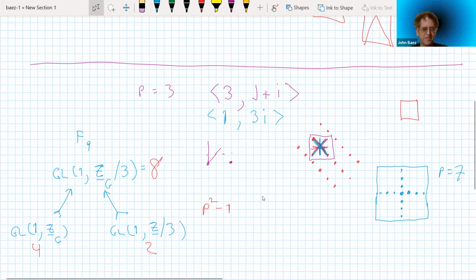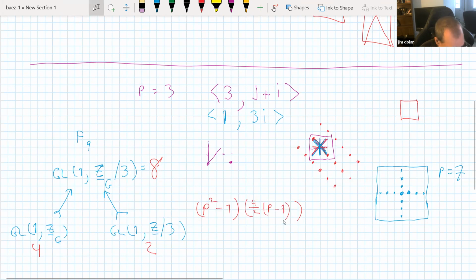So it's p squared minus 1 divided by 4 over 2 times p minus 1, I think. So this should simplify out to p plus 1 over 2, I think.